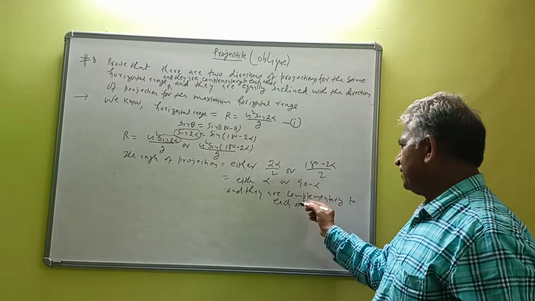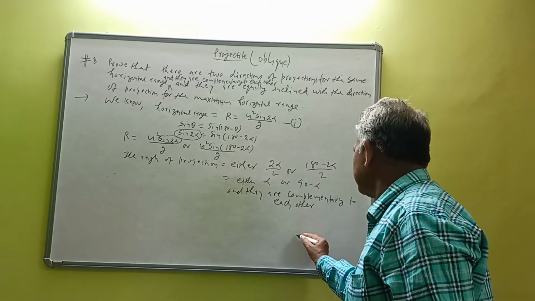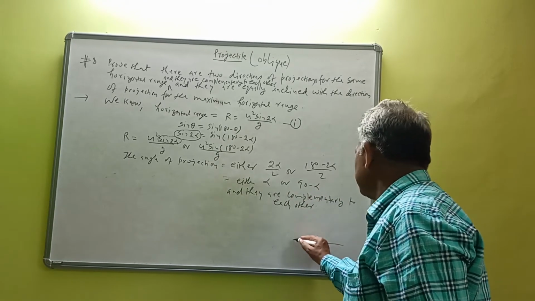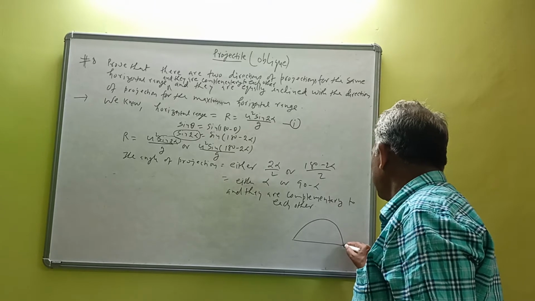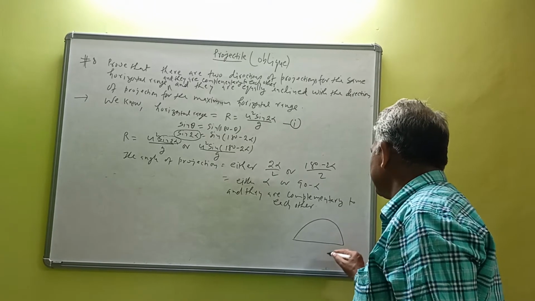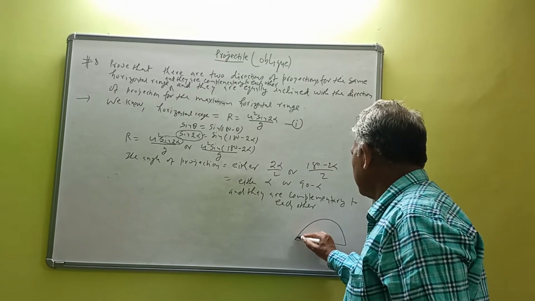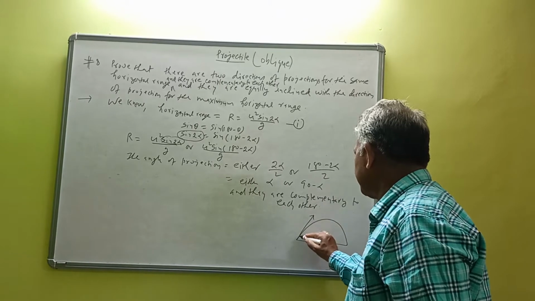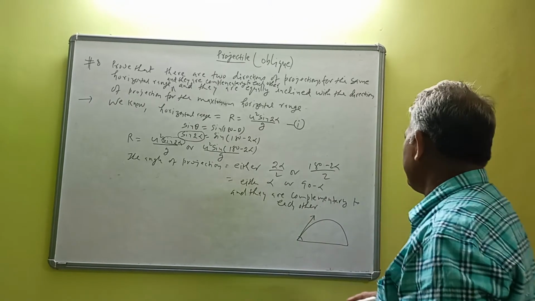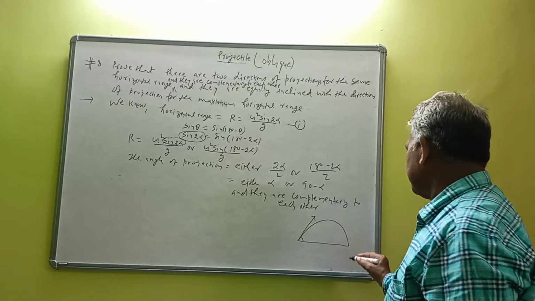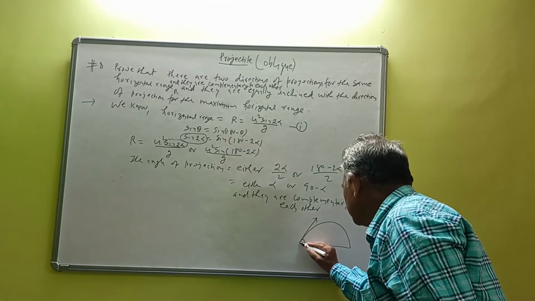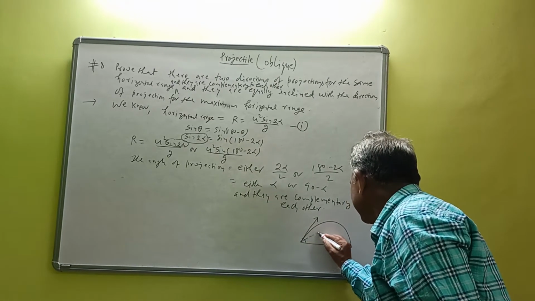So in the diagram I am showing that so that you can understand it in a better way. Suppose this is the horizontal range and suppose we are getting the angle of projection as this very angle, and if we again make another diagram, suppose this is another diagram.